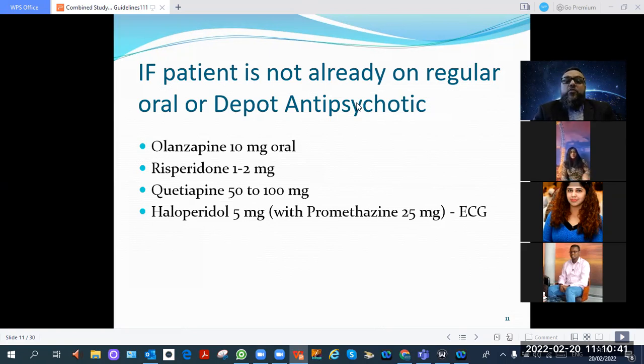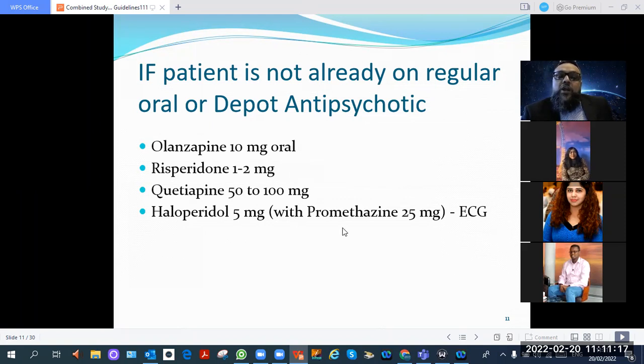Risperidone you can give, and in the West, risperidone quickly dissolving tablet is also available, and olanzapine oral dissolvable tablet is available in Pakistan as well. So use that so that the patient doesn't spit it out. Sorry, you were breaking, so you can say again or you can chat.